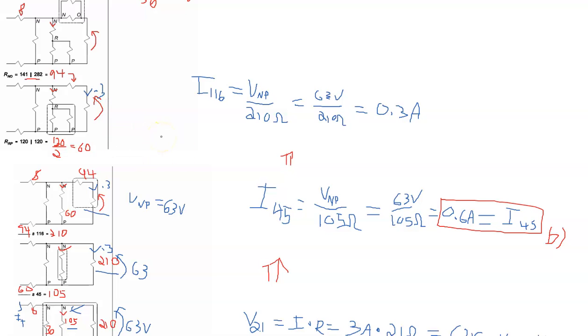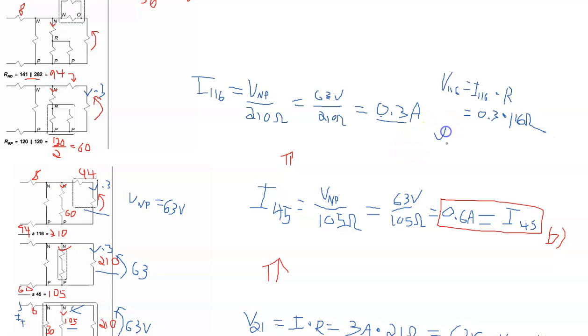And so for part C, part D, the voltage drop of the 116 now, if I got the current through it, right, then the voltage drop across the 116 is equal to the current through the 116 times R, of course. And we have 0.3 amps for that, multiplied by the 116 ohms.